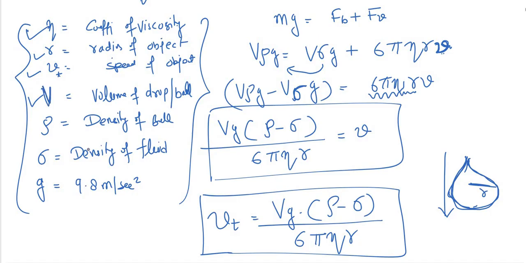Capital V is the volume of that ball or the drop which is falling. Rho is the density of the ball. Remember, it is the density of the ball. Sigma is the density of the fluid in which it is falling down. And g is the acceleration due to gravity, 9.8 meter per second squared. So this is the formula of terminal velocity. Practice it, everyone.